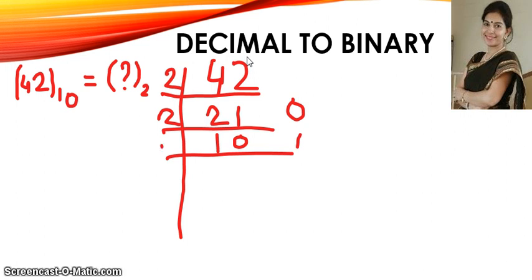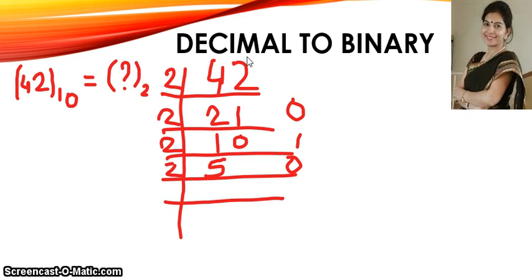Then again dividing the number with 2, the quotient will be 5 and the remainder will be 0. Dividing the quotient again with 2, it will come out to be 2 and the remainder will be 1.